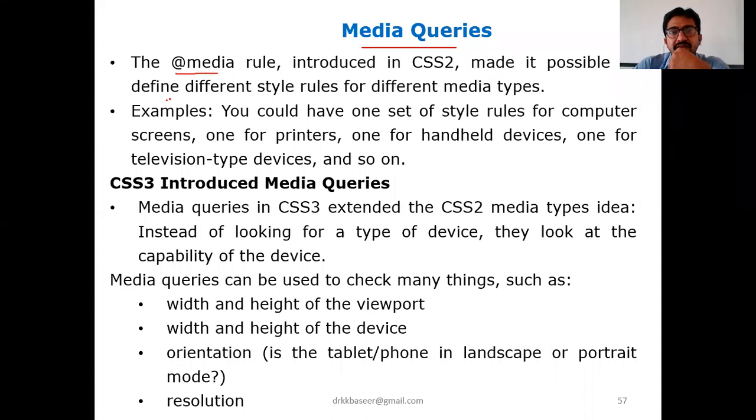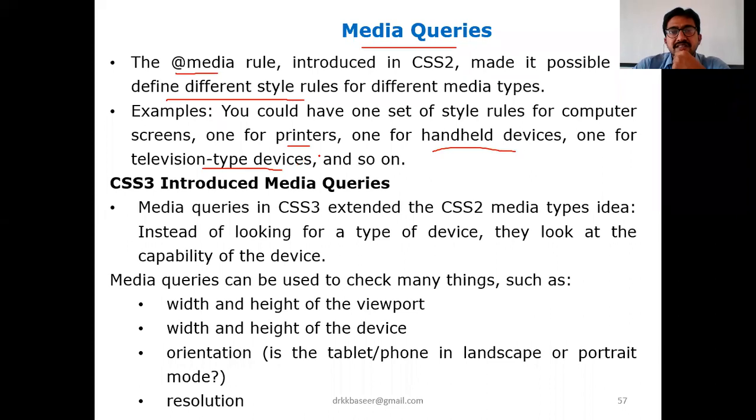Media queries let us make different style rules for different types of media, like computer screens, printers, handheld devices such as mobiles or tablets, and television-type devices like TV or smart TV.